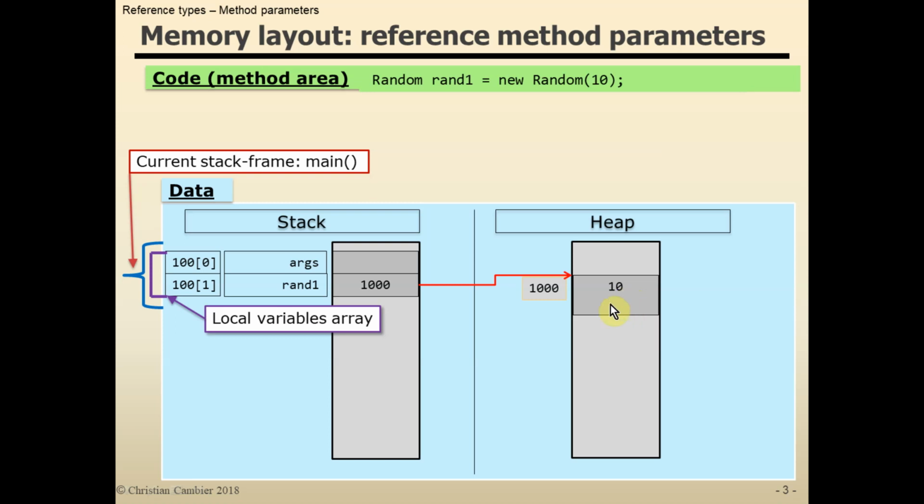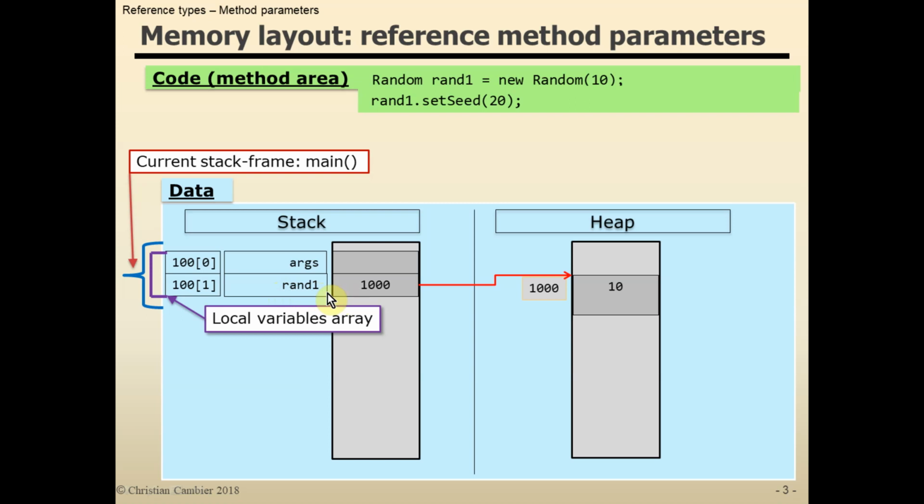Now, in the next statement, we use rand1 to change the seed of the object it refers to. What happens when this is executed? Well, the setSeed method will be invoked on an object. But which object? The answer is given by rand1 dot. How is that evaluated at runtime? Well, first we look in the current stack frame for rand1.